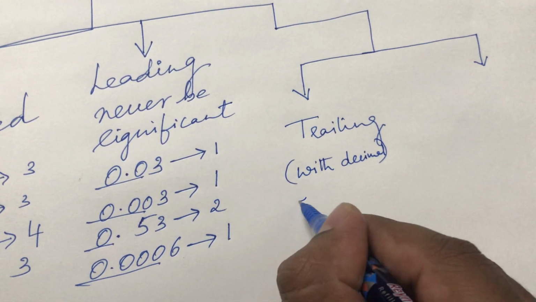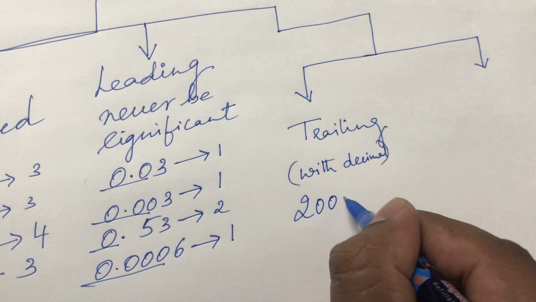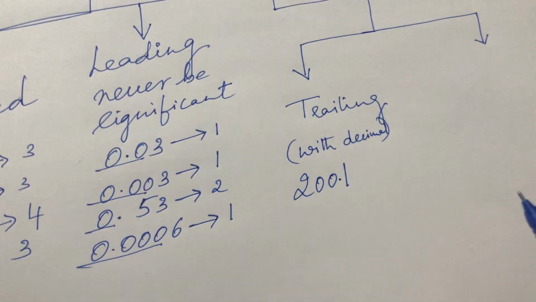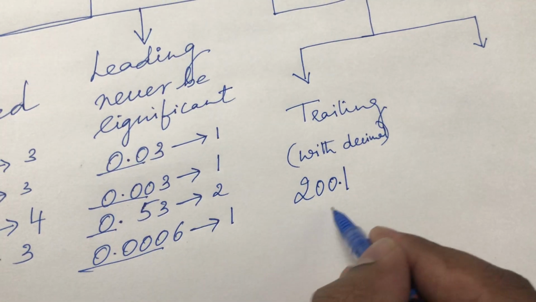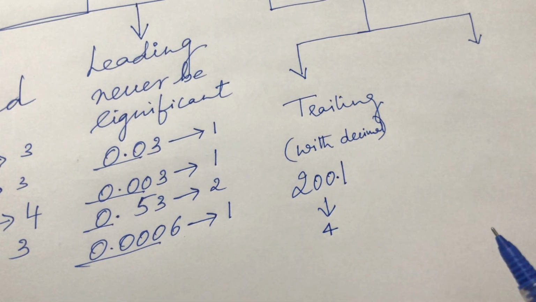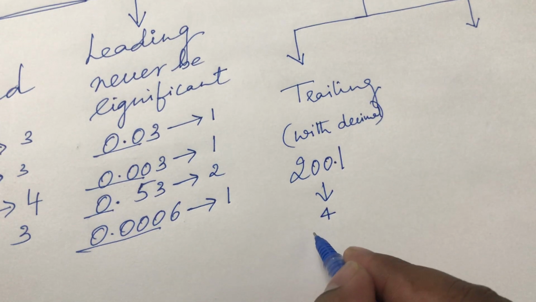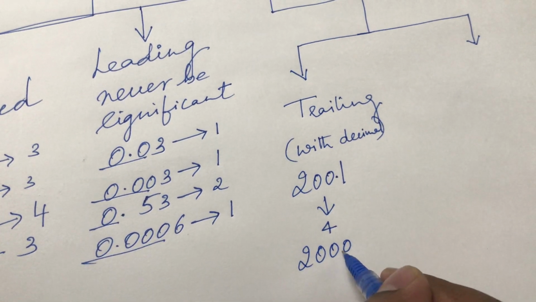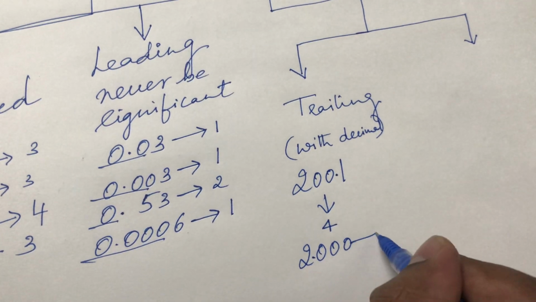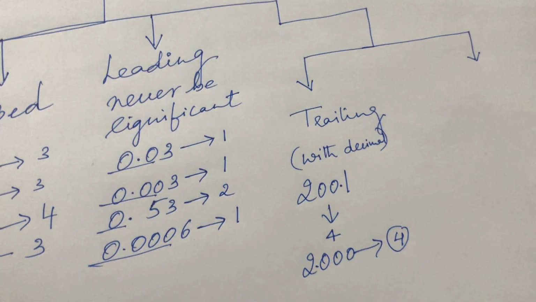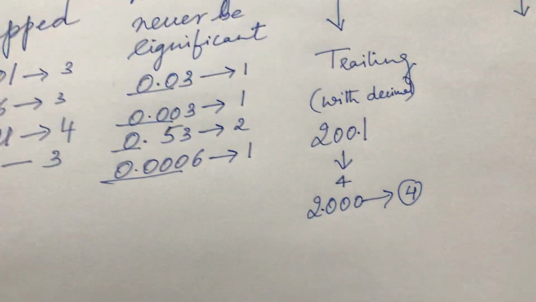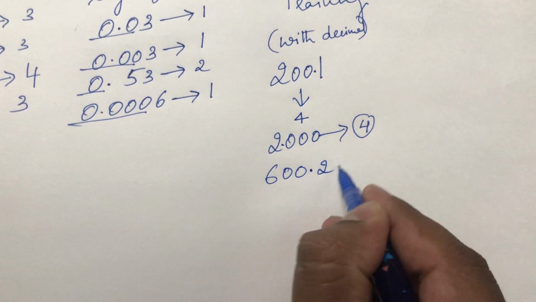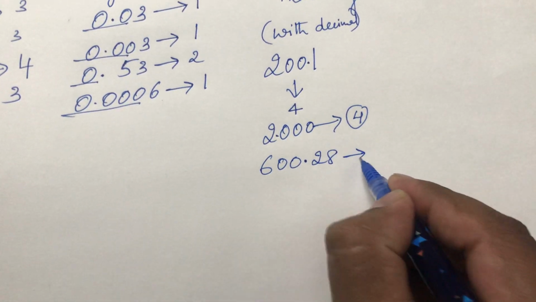For example, 2001 is there, but if I put a dot here, there are four significant figures. Another one, 2000. If I put a dot here, now four significant figures are there. And one more, there are five significant figures.